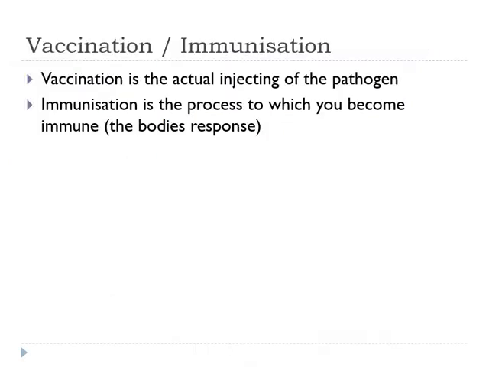A couple of key words moving on around vaccination. You might hear immunisation. You tend to hear it more as an Americanised term, but we still use it in England. Vaccination is the actual injecting, the process of getting an injection in your arm, normally, of the pathogen, whereas immunisation is that plus the response to it.